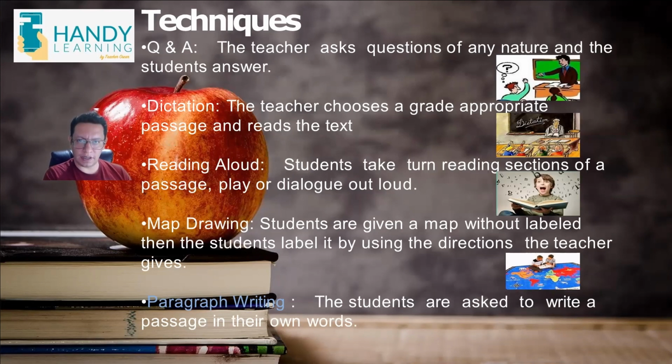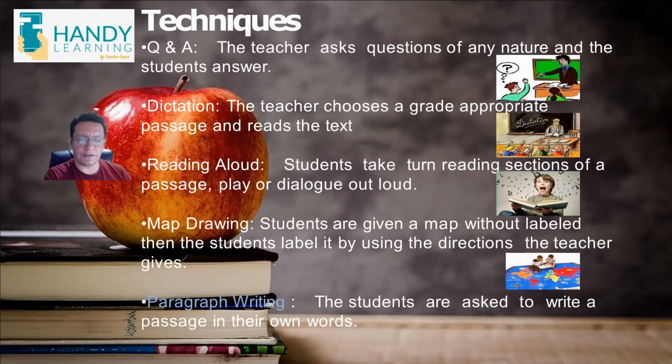There are some techniques in the direct method, such as question and answer, just like I was saying. The teacher asks questions of any kind, dialogues, pre-established dialogues, and students are going to repeat these dialogues as role plays. Dictation is another technique in which the teacher dictates a passage according to the level of students that he has, and the students just follow, and this develops their listening skills.